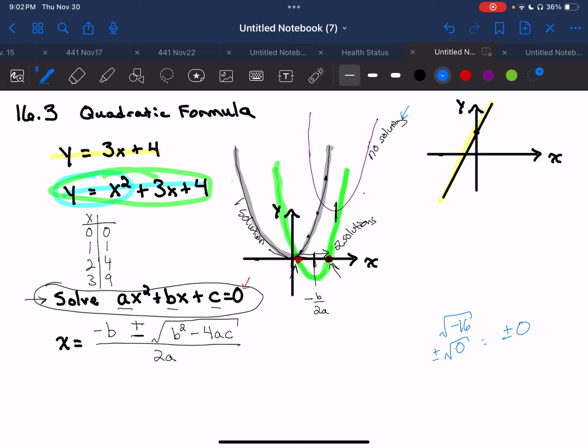That is when we have one solution. And any positive number here, 37, anything, whether it's a perfect square or not, it doesn't matter. Any positive number gives me 2 solutions. So this is just the part of the formula. 0 gives us 1 solution, and a negative number gives us none.